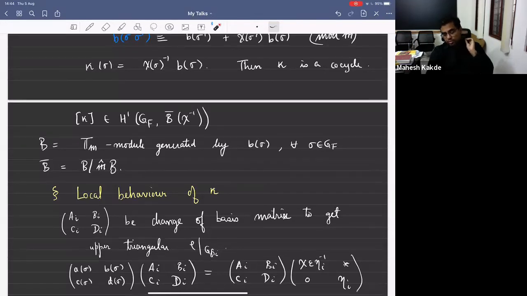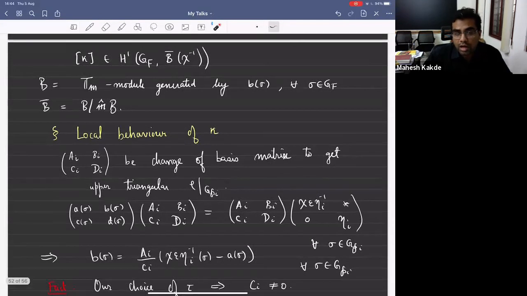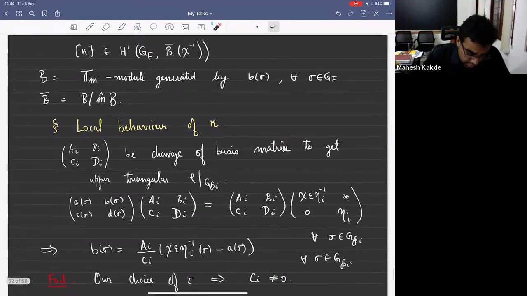So they just take a map from B bar to E, which is given by going modulo the maximal ideal. There's a canonical map like that, and then you show that class is actually a cyclotomic class. But as I said, we don't know how to show that when r is bigger than 1. We don't know how to construct r distinct, linearly independent cyclotomic classes. We don't even know how to construct one cyclotomic class, let alone r. Anyway, that's just a comment.